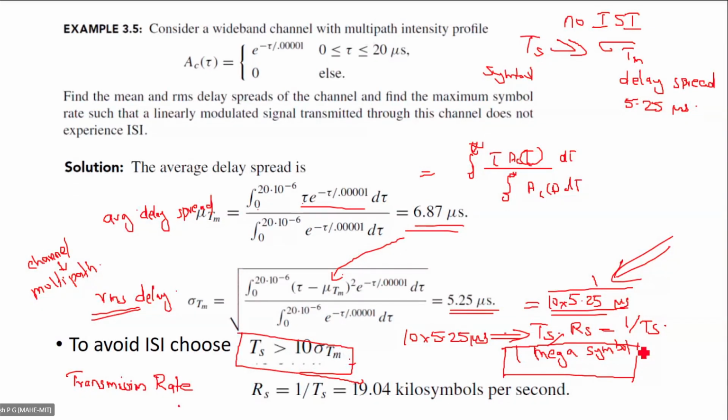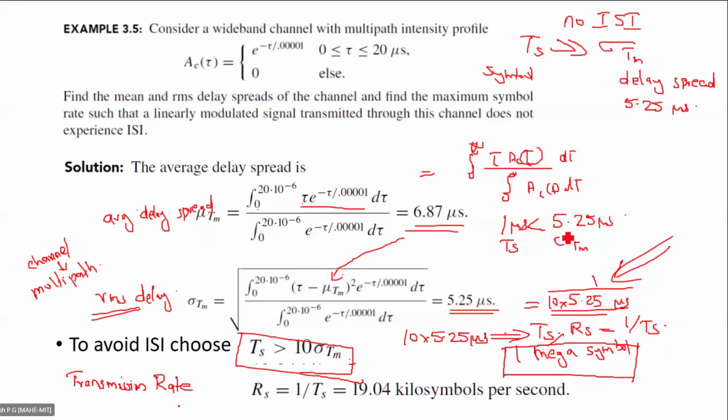That is, 1 mega means 10 raised to 6, so 10 raised to minus 6 is 1 micro. And sigma Tm is 5.25 microseconds. So TS is small here, and since TS is small here, we'll see inter-symbol interference in the receiver.